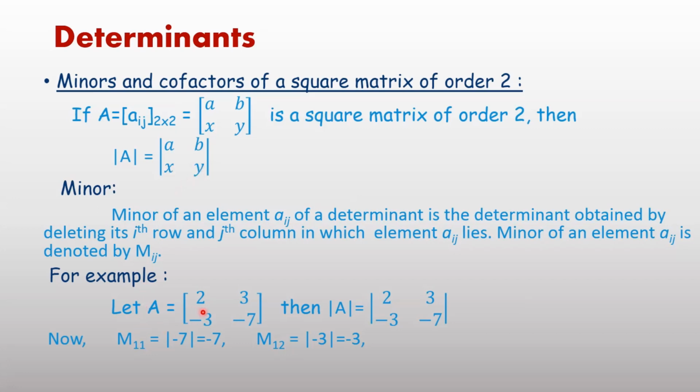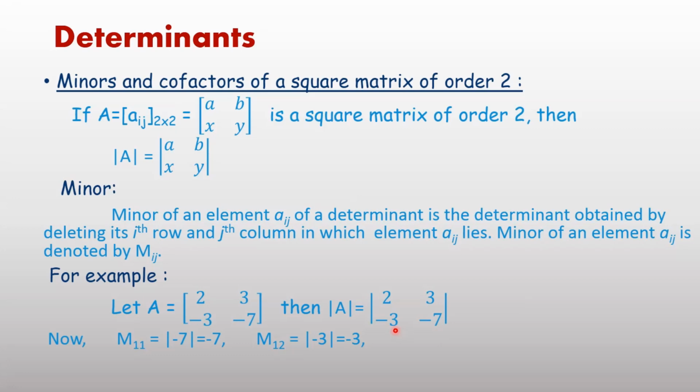In our example here, the matrix is given and the determinant is written here. If you want to write minor M11, M11 means first row, first column. Delete first row and first column. What remains? Only one element, 7. Determinant of 7 equal to 7. Similarly, M12 means delete first row, second column.